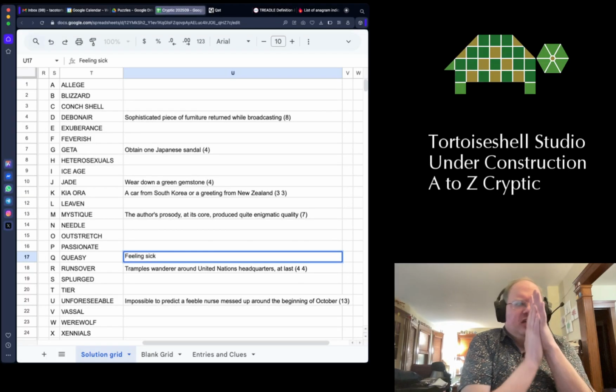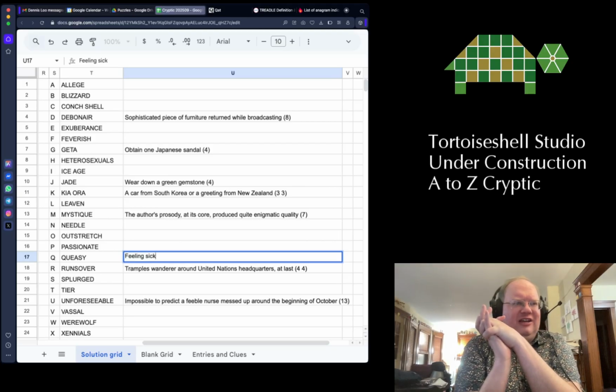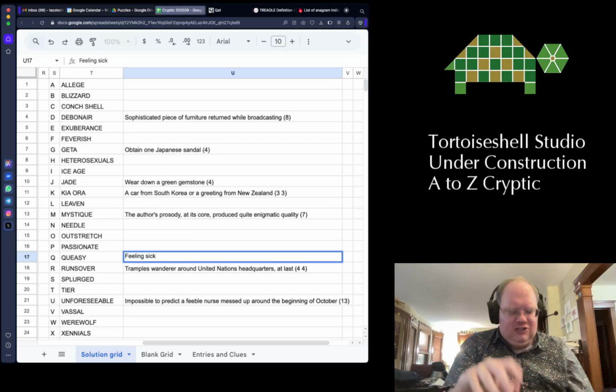I'm trying to come up with a good indicator to connect feeling sick to being hidden in oblique asymptotes.